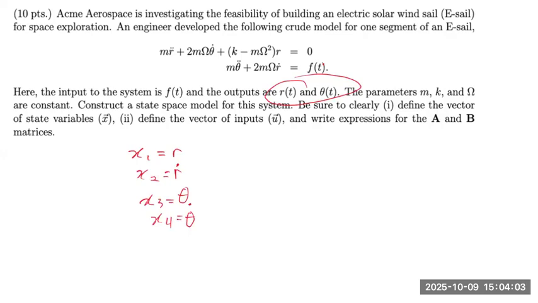For the state variables, we have r dot from here, theta dot from here, r from here, and omega. We actually don't have omega as a state, but we have it in this equation over here.